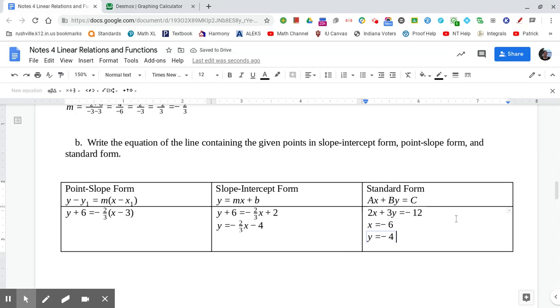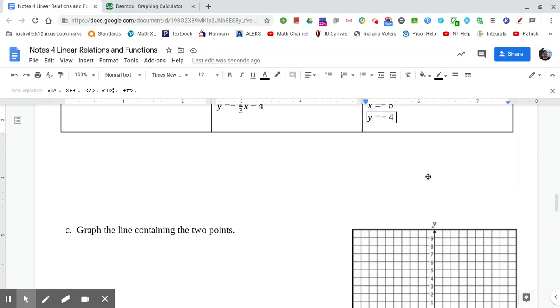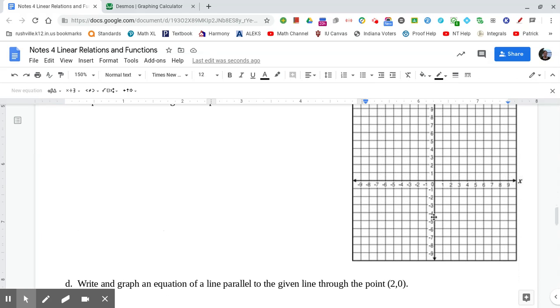All right, so there are all 3 forms put to use. Now it is up to you how you would like to graph your line. You could use slope-intercept form, putting your point down on the y-intercept at -4, and then use the slope, which was -2/3, so down 2 to the right 3, and then keep going, down 2 to the right 3, and so on.